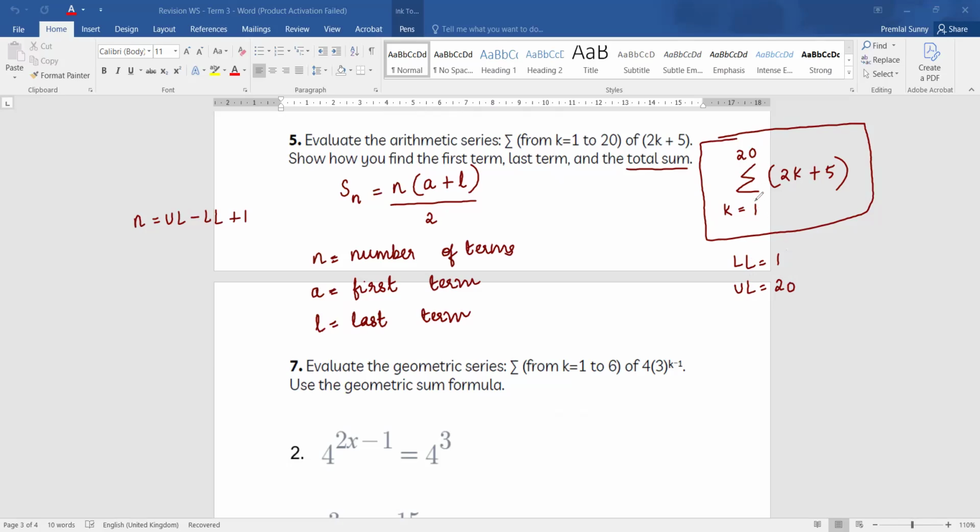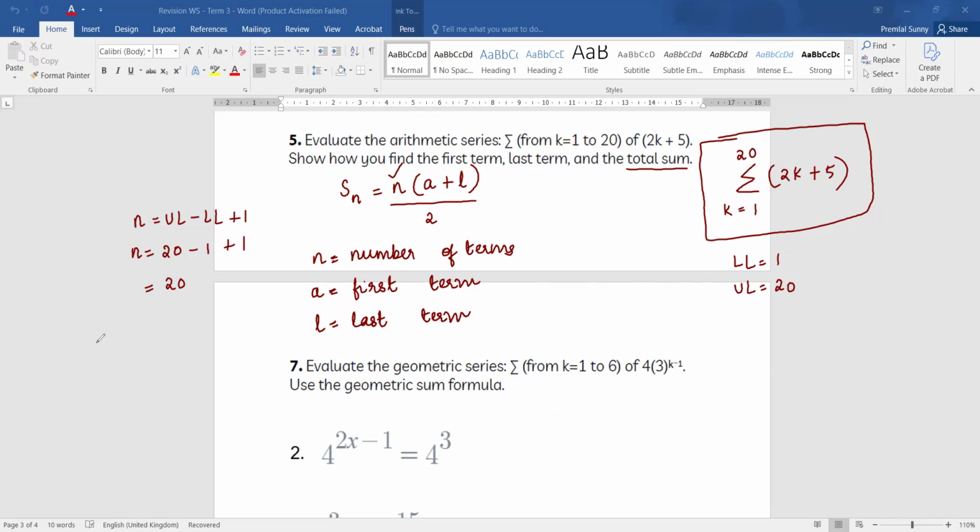To get the value for n, we know the formula. Upper limit 20 minus lower limit 1 plus 1. So 20 minus 1 is 19, 19 plus 1 is 20. So we found out what n is.